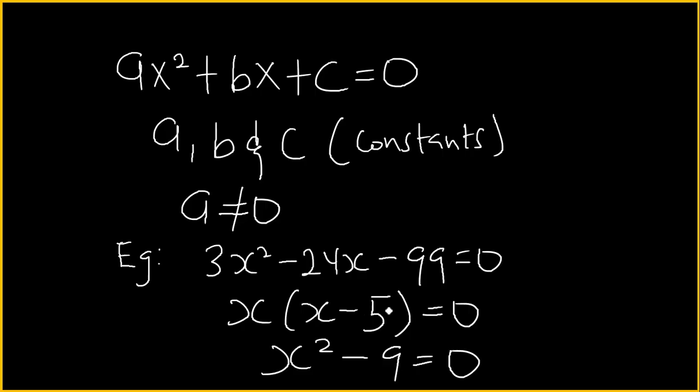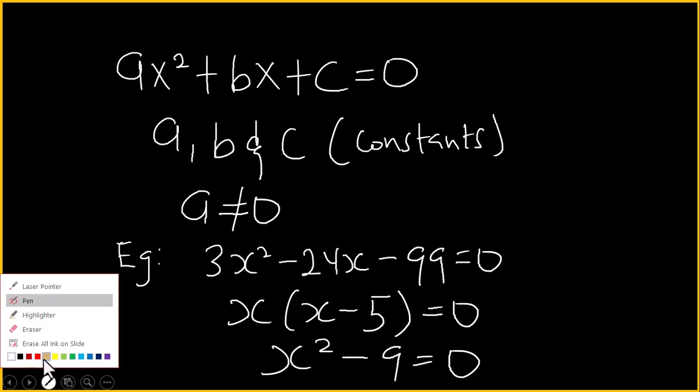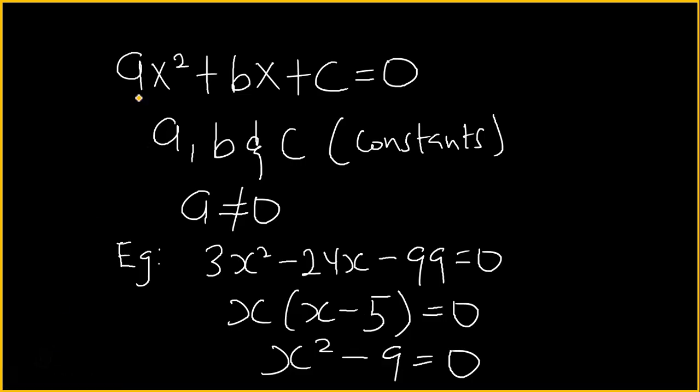Let's compare the examples to our general equation for a quadratic equation. So with the first term, ax squared is synonymous to the first term of this example, 3x squared. So our a, which is a constant term, is synonymous to the number 3.